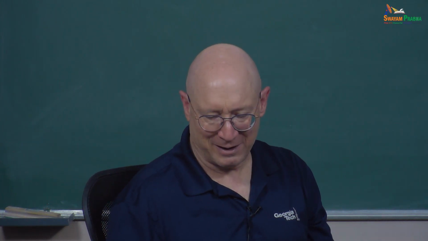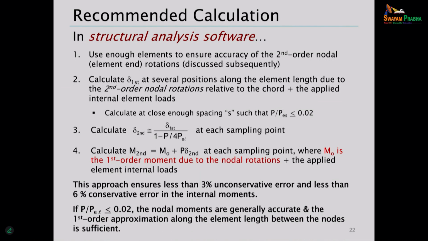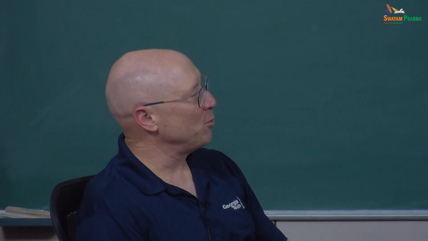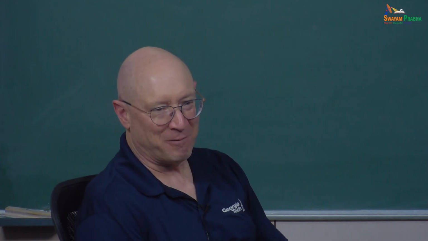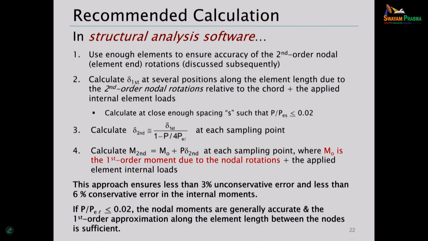So how many elements you need for this? A very simple rule that will keep you always out of having to hassle with all of this: put in enough elements so P over PE script L is less than or equal to 0.02, okay?